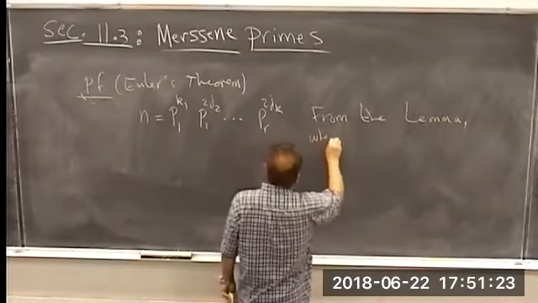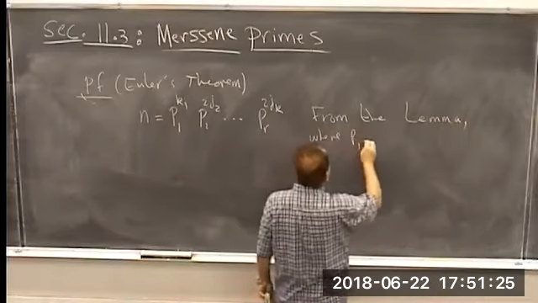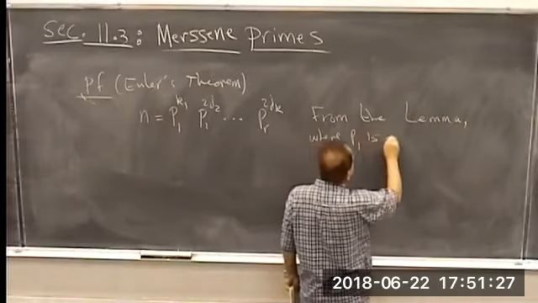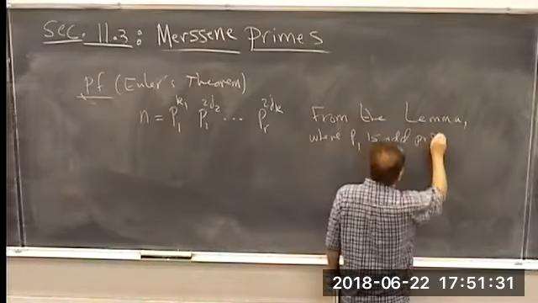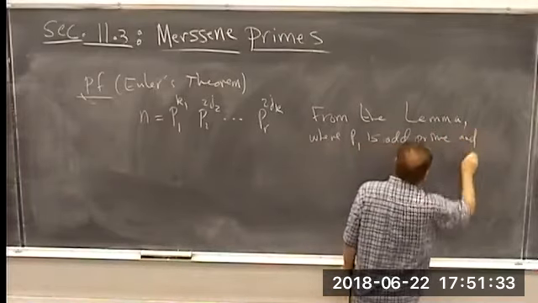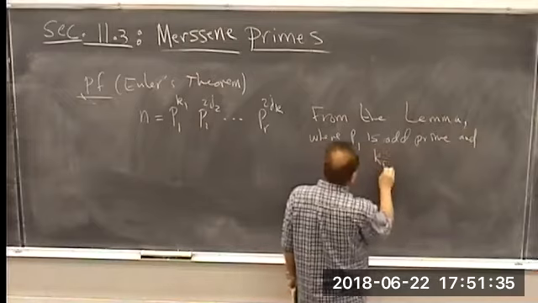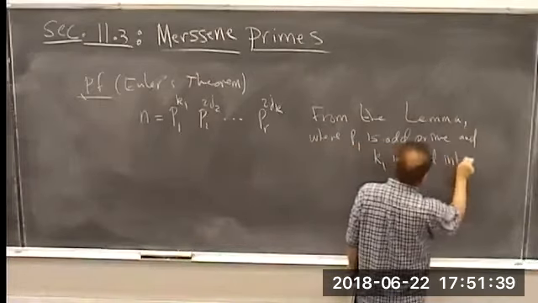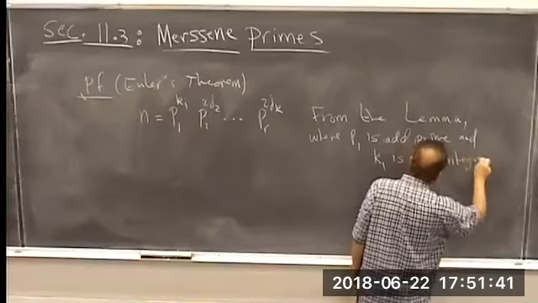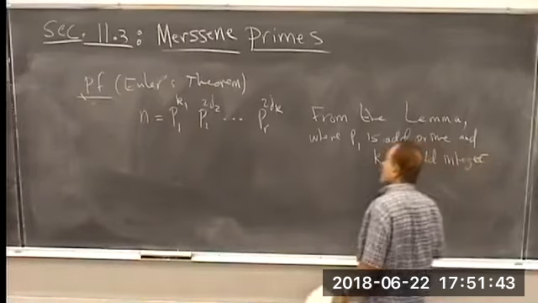So we know that this is what n should look like, where p_1 is an odd prime and k_1 is an odd integer. So what do we need to show?